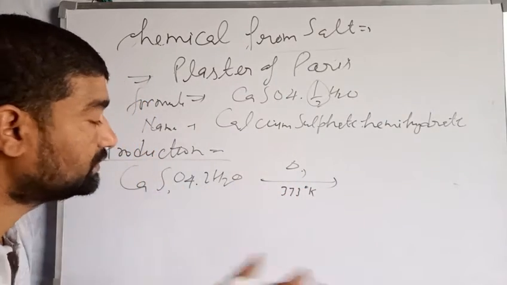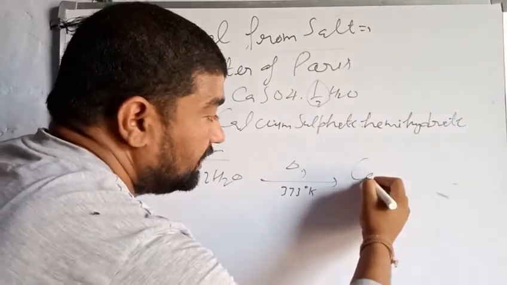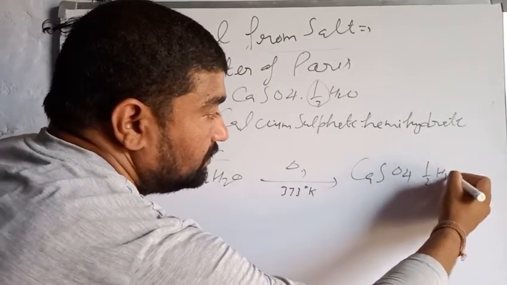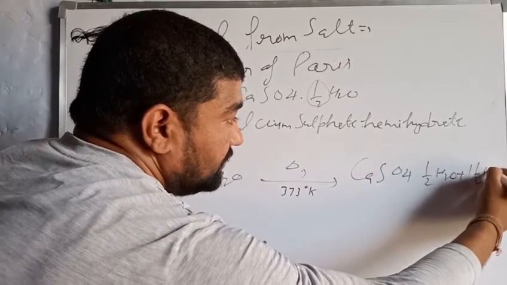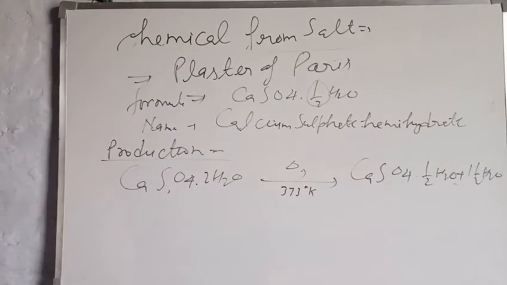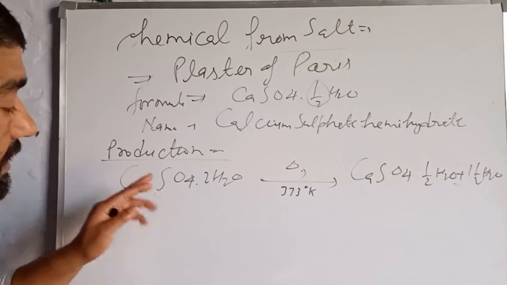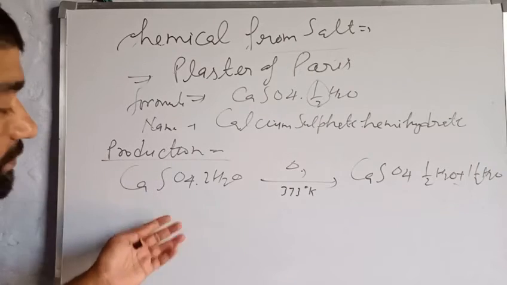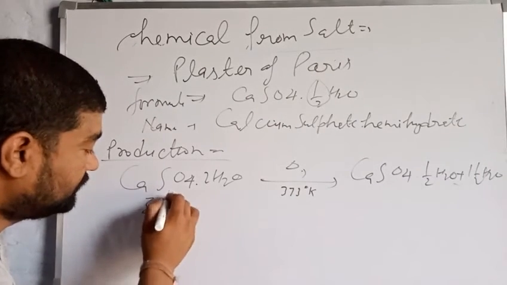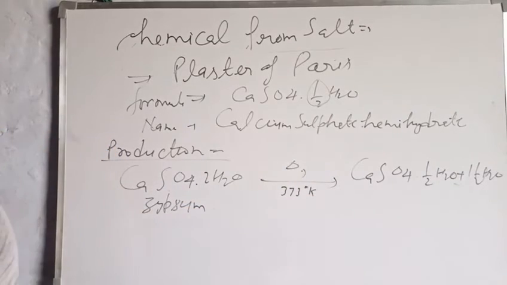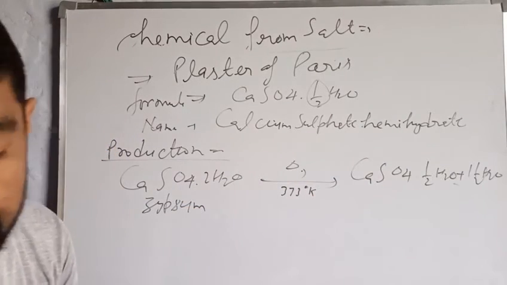It will decompose into two products: CaSO4·1/2H2O plus 1.5 molecules of water. Okay, so this is about the production of plaster of Paris. When we strongly heat gypsum, we obtain calcium sulfate hemihydrate plus water.